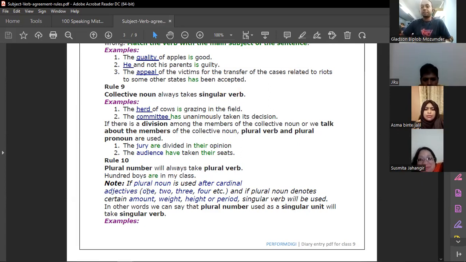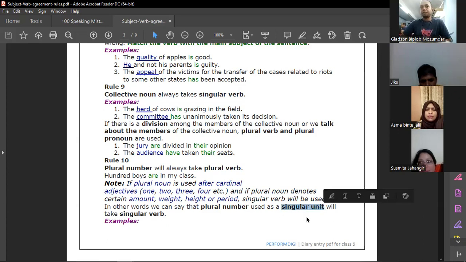So if a plural noun is used after cardinal adjectives, which talk about 1, 2, 3, 4, like that, and if a plural noun denotes a certain amount, weight, height, or period, a singular verb will be used. In other words, a plural number used as a singular unit will take a singular verb.